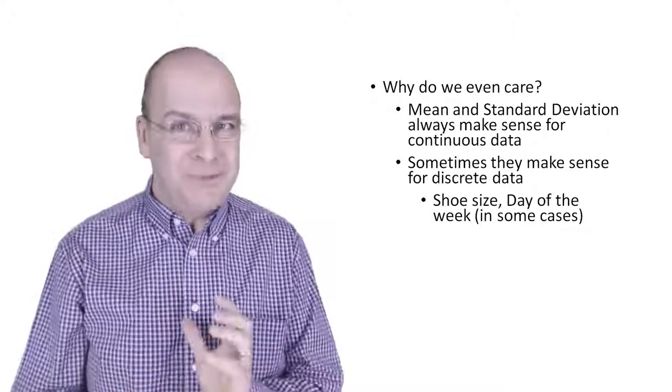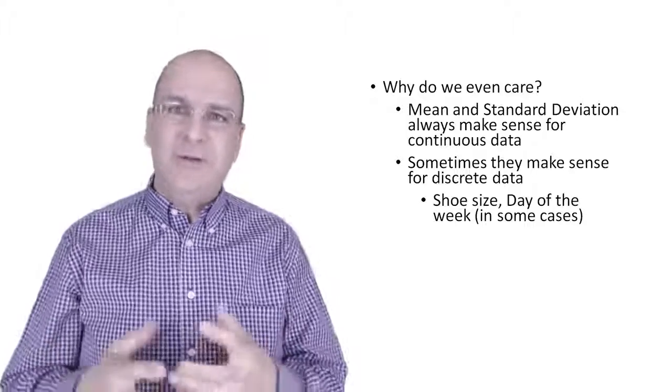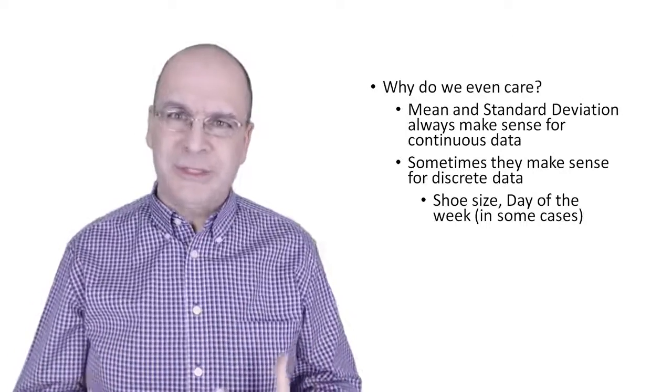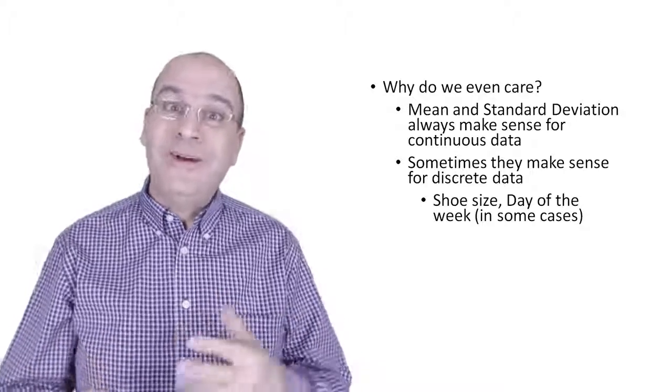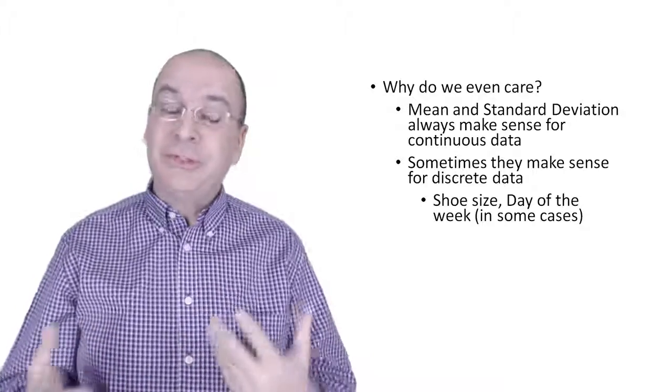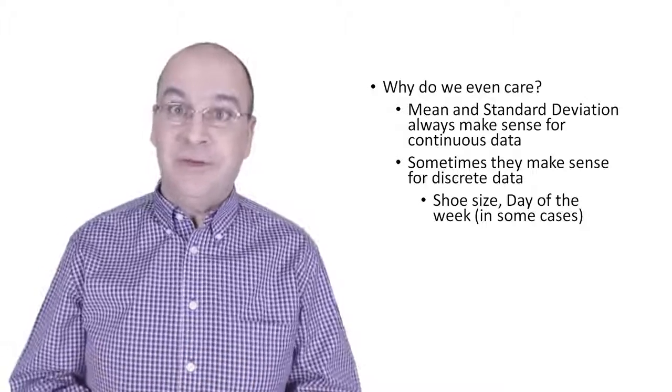So sometimes it makes sense, based on a very precise question we're trying to answer, that we can, in fact, encode our discrete data and do some math for mean and standard deviation.